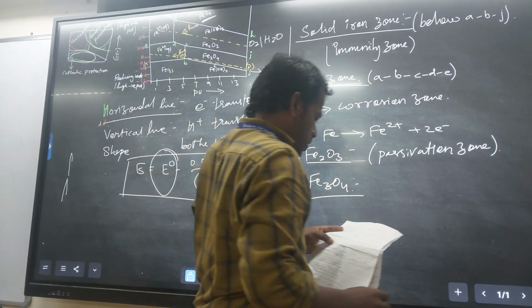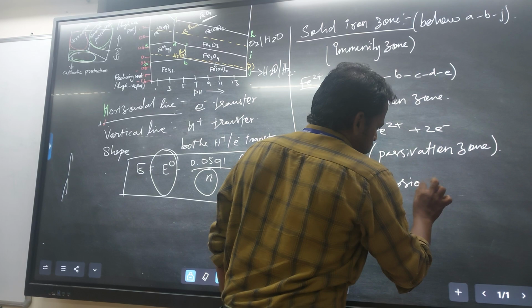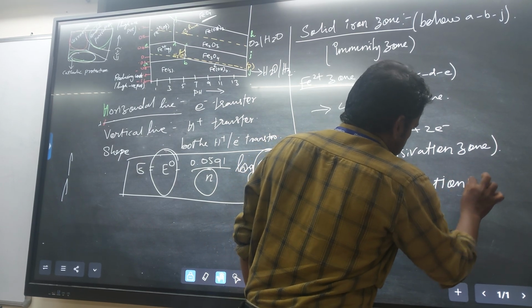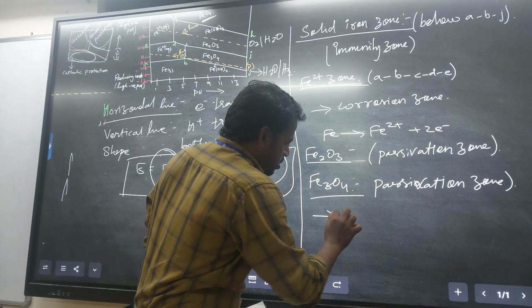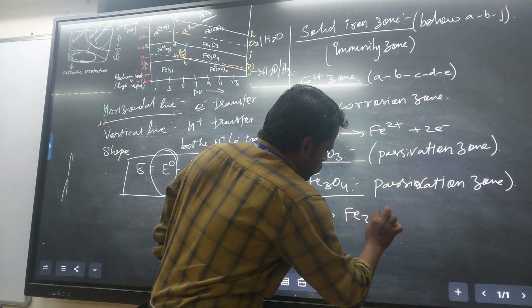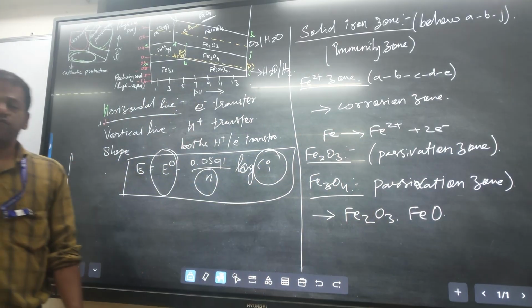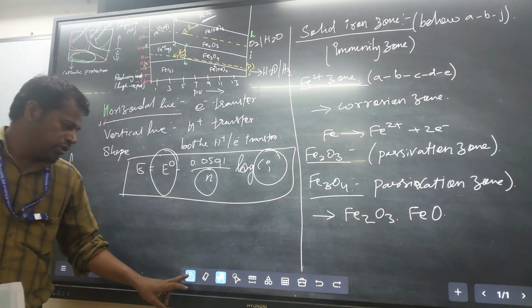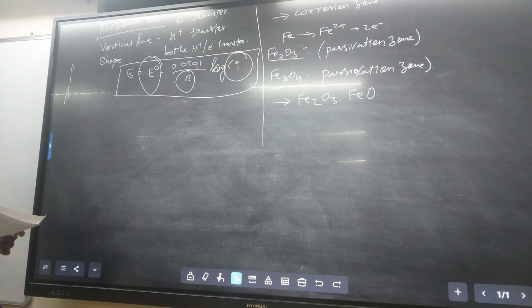This is also a passivation zone only, because Fe3O4, that is Fe2O3 dot FeO, is again deposited on the surface of the metal, so it restricts the corrosion. Therefore, this is also a passivation zone.